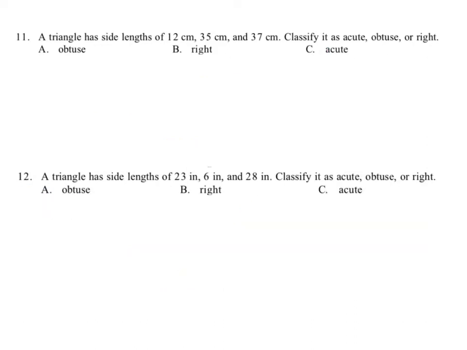Now we have three measures, and we're saying is it right, is it acute, or is it obtuse? So if 12 squared plus 35 squared equaled 37 squared, that would be a right triangle.